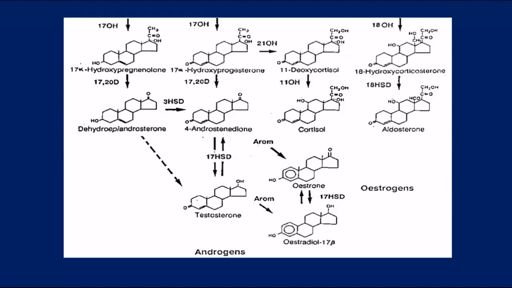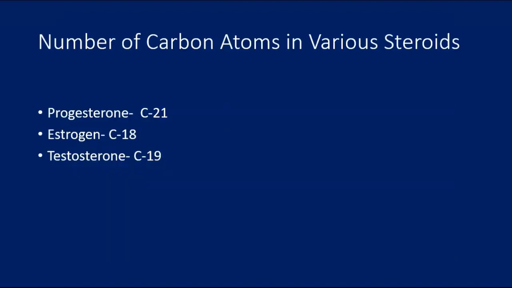How important it is to know exactly all the structures and the enzymes is not overly important, but you should have some general knowledge of why these work the way they do. It's also useful in terms of trying to identify steroid structures if you're not certain as to how many carbon atoms are in the particular molecule being demonstrated.